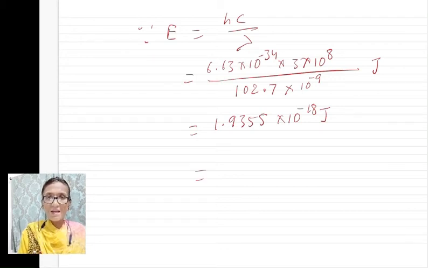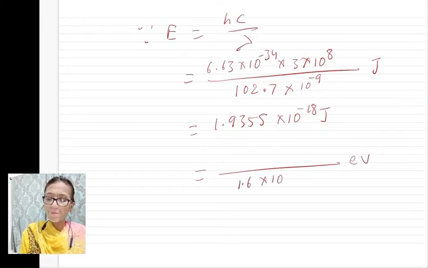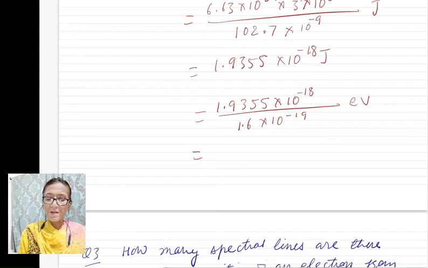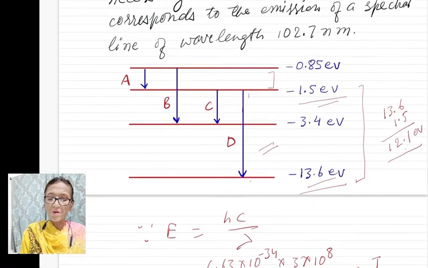When it is divided by 1.6 into 10 to the power minus 19, this will be converted into electron volt, and energy has come equal to 12.1 electron volt.